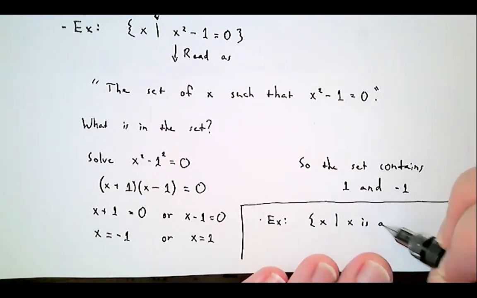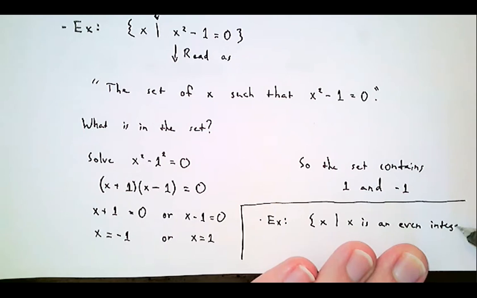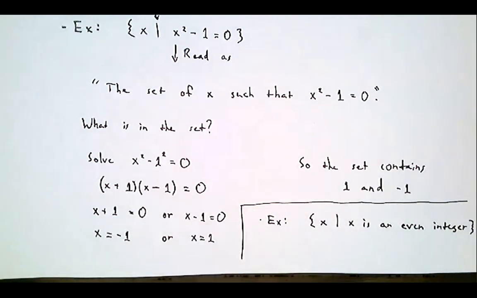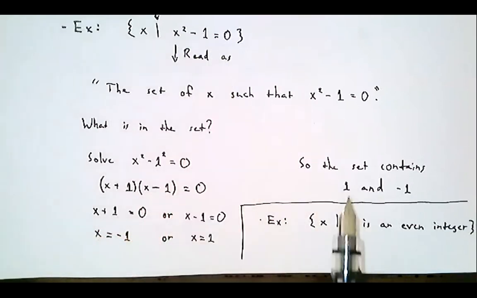X is an even integer. So this set builder notation is a little bit different than that one. There I had an equation, but I can also use statements like this to build sets. So this set contains numbers like 0, 2, 4, 6, and like -2, -4, -6, and so on and so forth. So there's actually an infinite number of things in this set. And using set builder notation, I'm able to define it in this shorthand way without writing out the alphabet.